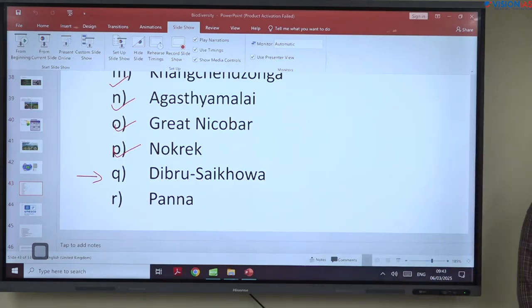Now the last one remains Panna. Panna Biosphere Reserve, Madhya Pradesh.